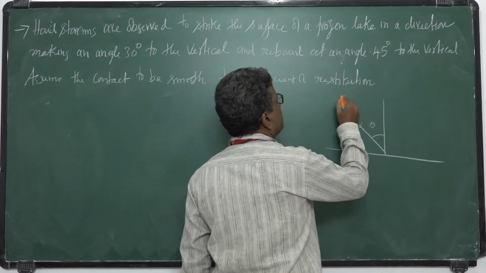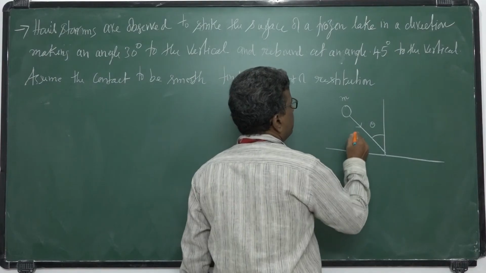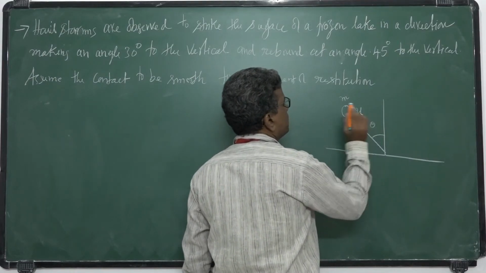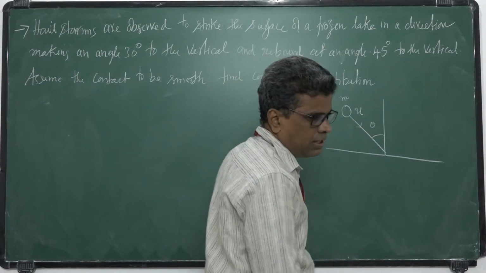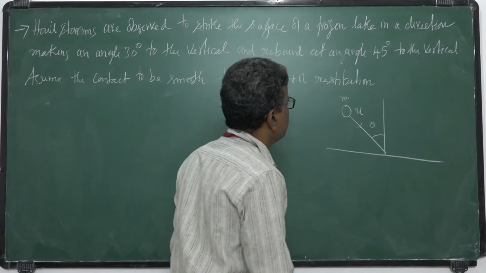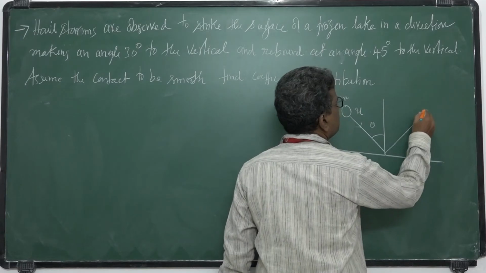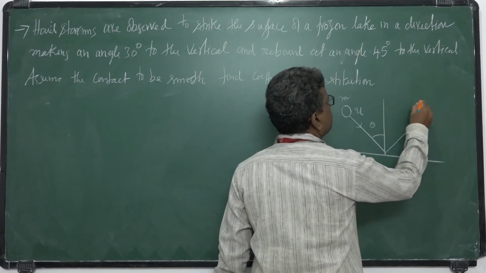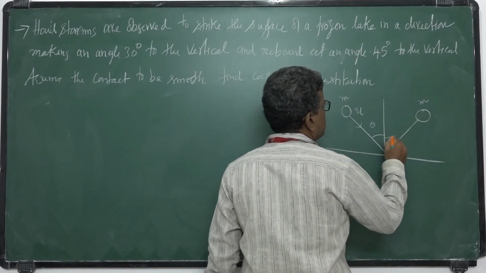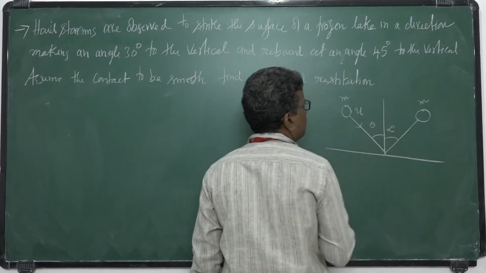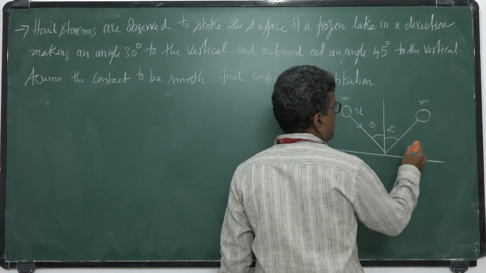The mass of the hailstone we don't know, let it be m. With what speed it strikes the frozen lake we don't know, let it be u. After striking it moves in this direction, making an angle alpha with the vertical.